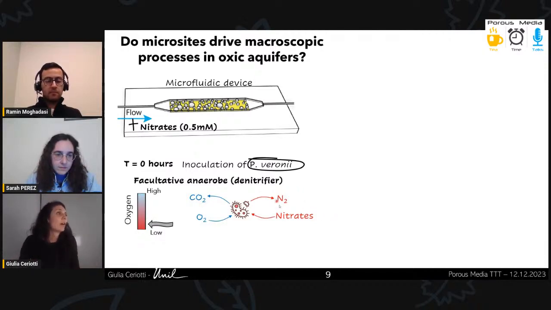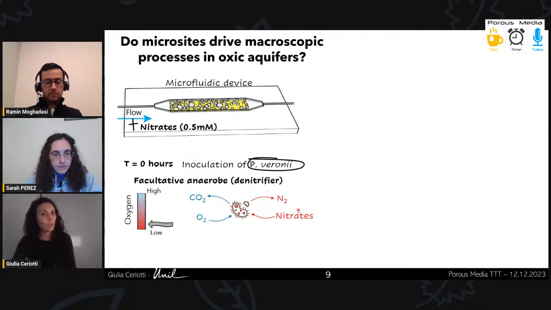This produces molecular nitrogen. And for those that are familiar with nitrates, you might guess that this is an important bioremediation process. We are taking up nitrates, which are a very widespread contaminant in the environment, and releasing an inert compound, molecular nitrogen.